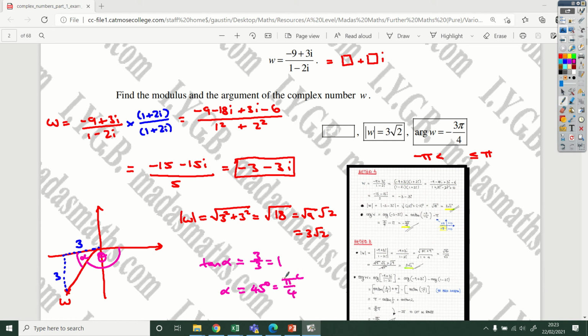Bear in mind pi is 180, so a quarter of that will be my 45 degrees. So my argument is going to be what's left over from 180 degrees. But remember, because I'm going clockwise, which is the negative direction, I need a negative for my angle there. So the argument of w is this angle theta, but that's going to be minus 3/4 pi.